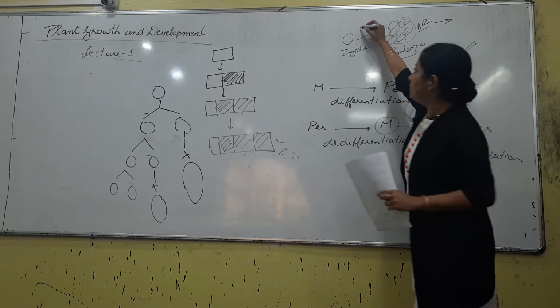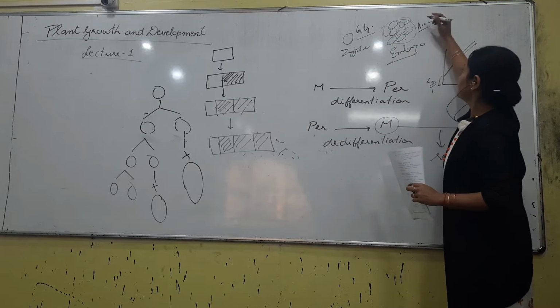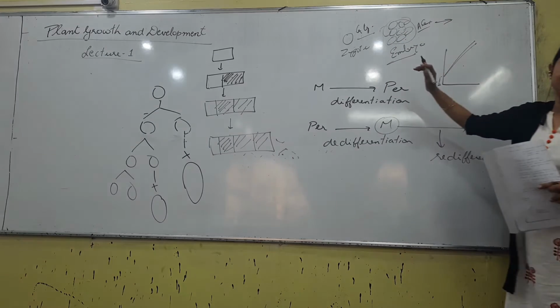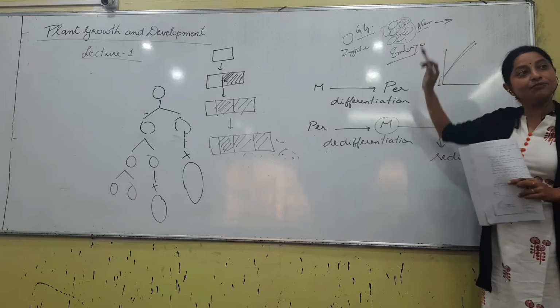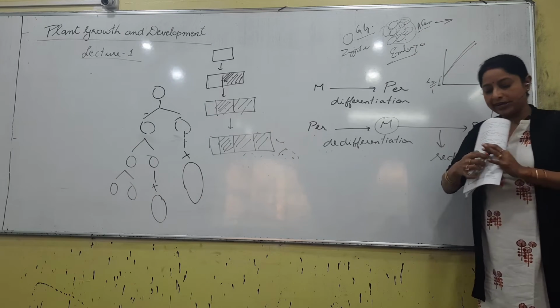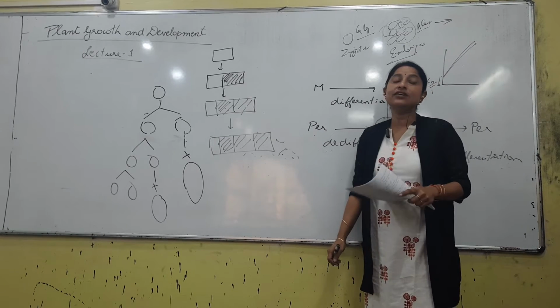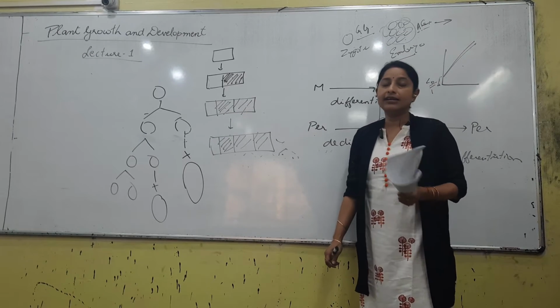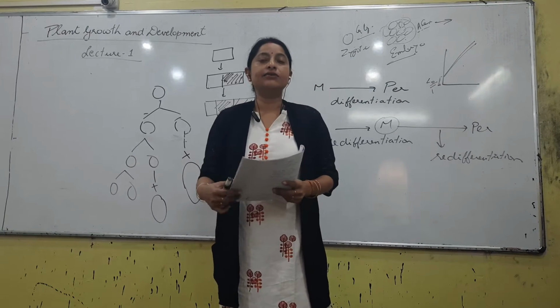Initially it is geometric growth. Is it understood? So the embryo is an example of an organ where initially it shows geometric growth, and later it converts itself into arithmetic growth.